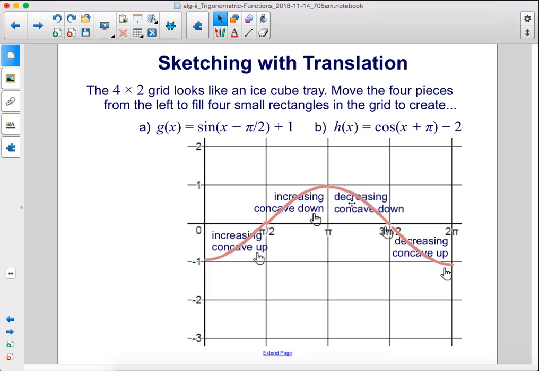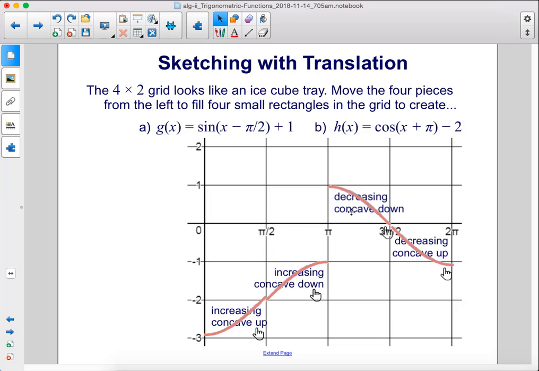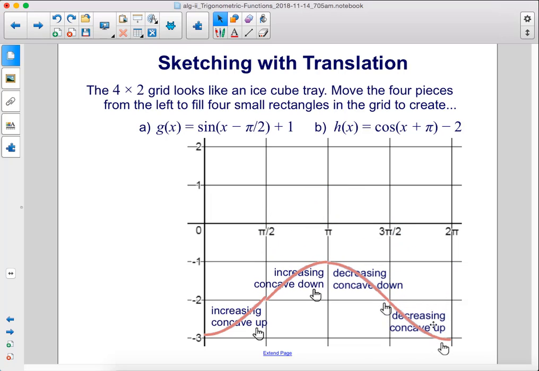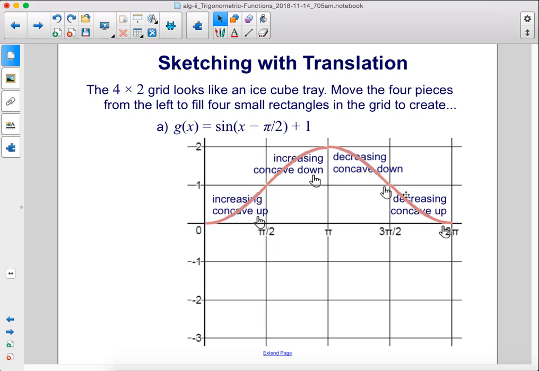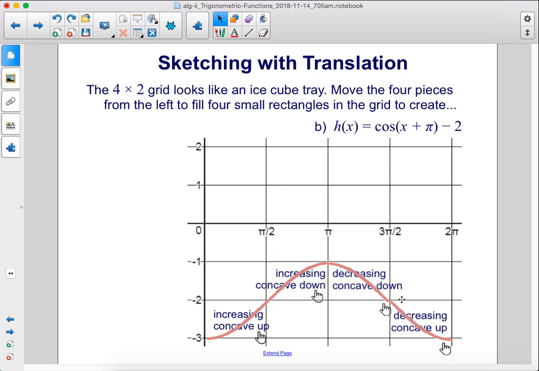So now we have cosine x plus pi, but now we need minus 2. So 1, 2, 1, 2, 1, 2, and 1, 2. There we go. Cosine of x plus pi minus 2. Once again, here we have sine of x minus pi over 2 plus 1. And here we have cosine of x plus pi minus 2.